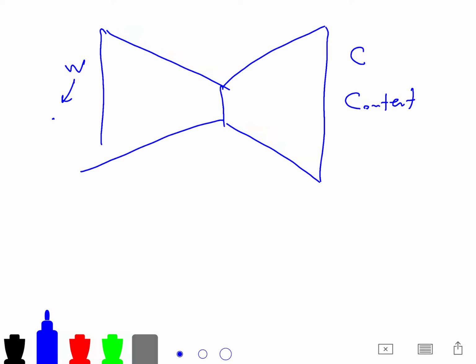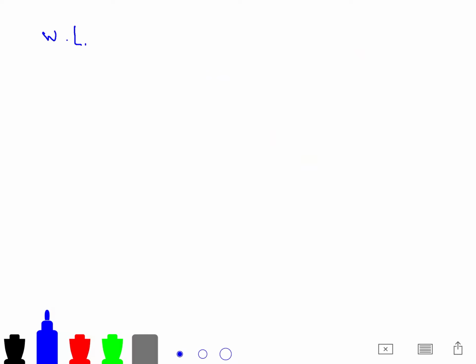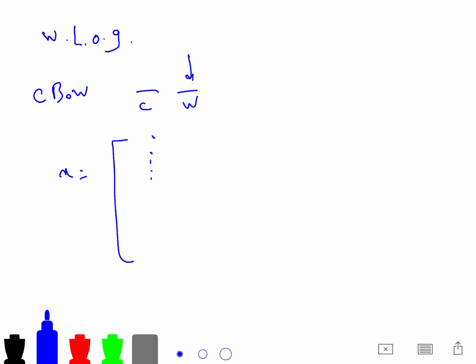And without loss of generality, as we say in mathematics, we assume the context is just one word. So the continuous bag of words is like this. You want to predict the word. Just assume for simplicity that you use just one context, and you want to predict the word given the context. So you represent each word x as a one-hot vector, as I said, which is not good.